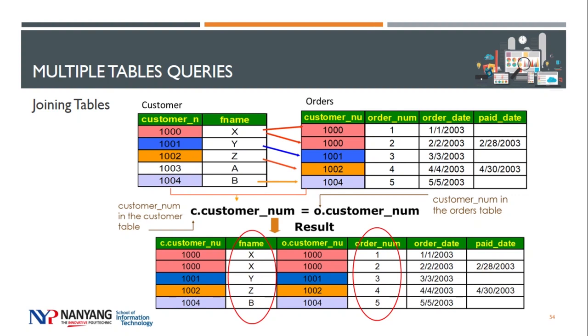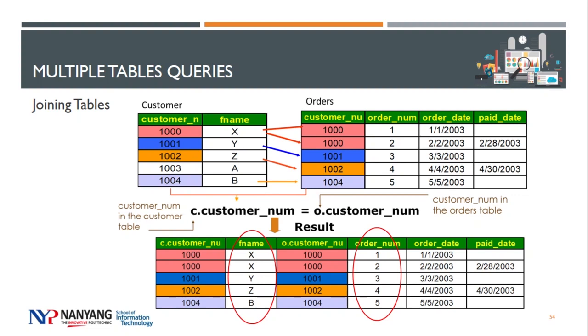So the customer number in the orders table becomes the foreign key whose values must come from the primary key of the customer table. The foreign key in the orders table is the customer number, and it links to the primary key in the customer table.